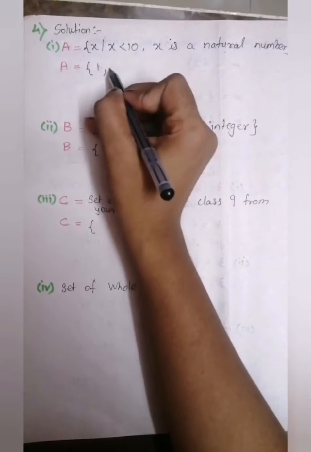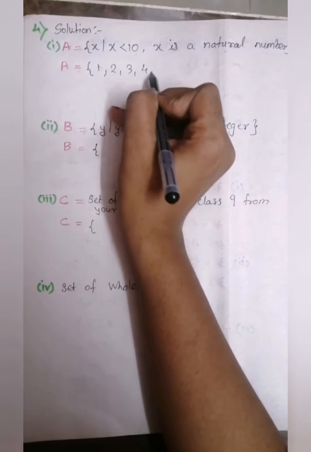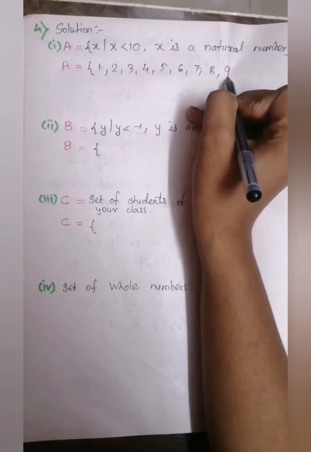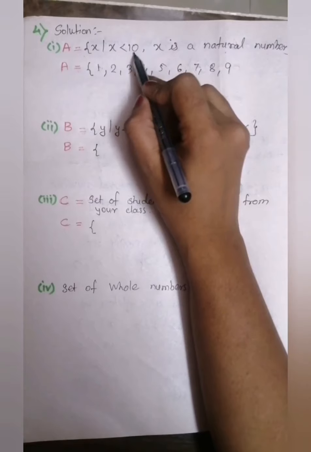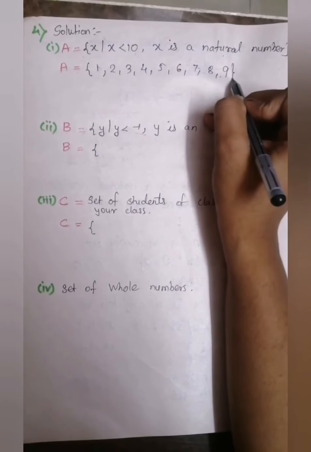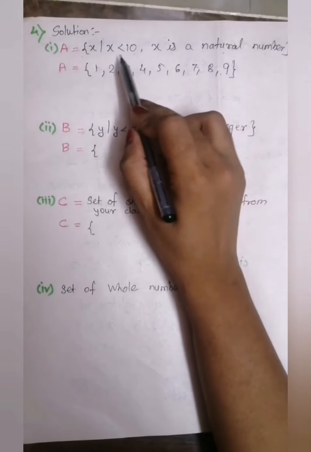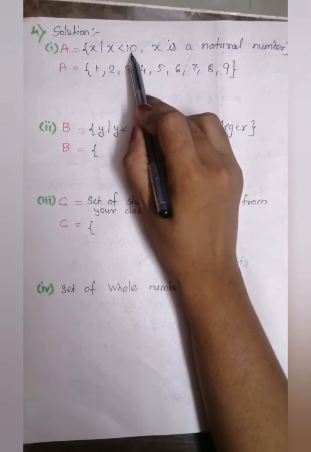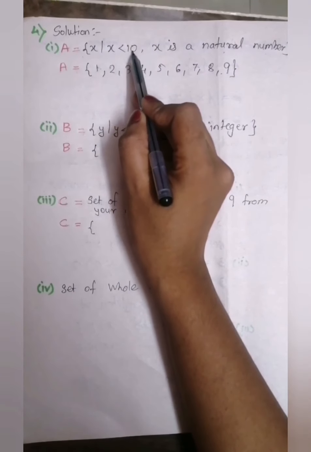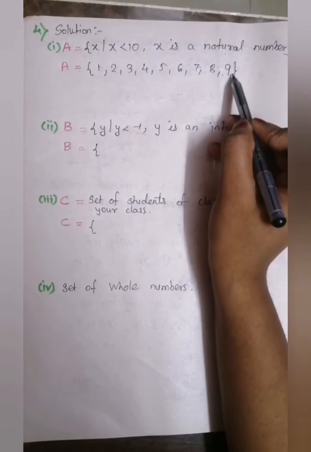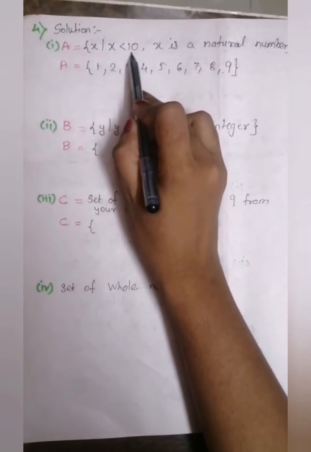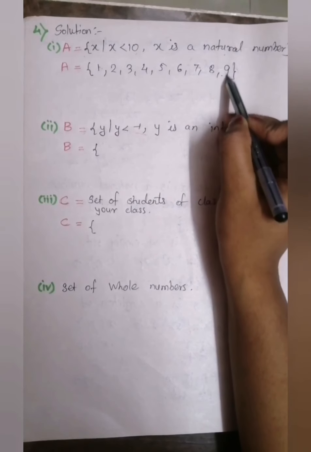Because natural numbers start with 1, 2, 3, 4, 5, 6, 7, 8 up to 9. 9 is less than 10, so stop here and close the curly bracket, because the given condition is x less than 10. Suppose if they had given x less than or equal to 10, then you would have to take the next number, that is 10, but they gave x less than 10, so stop with 9 only.